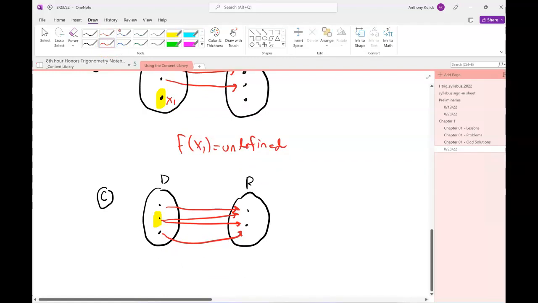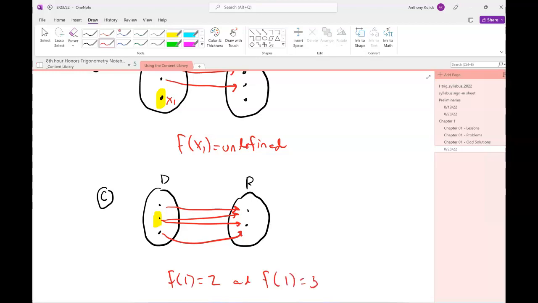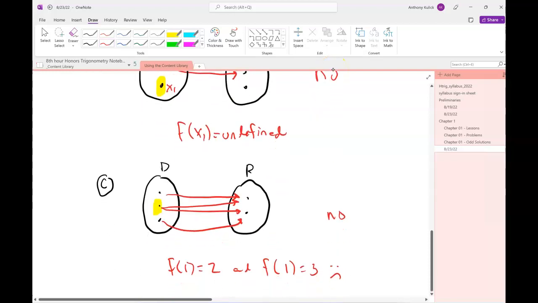So that would be like saying that f of 1 equals 2 and that f of 1 also equals 3. And that's a problem because when does f of 1 equal 2 versus when does it equal 3? Does it equal both at the same time? It's very ambiguous as to what's going on, what that would even mean, right? Everybody's okay? So that's bad. Guess we forgot to write no up there, didn't we? Okay.